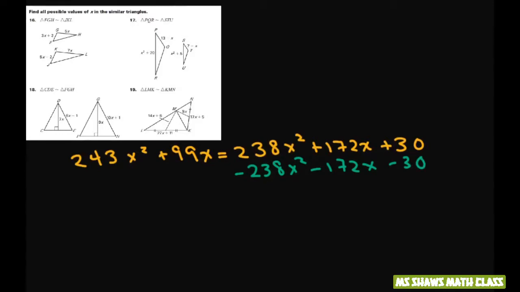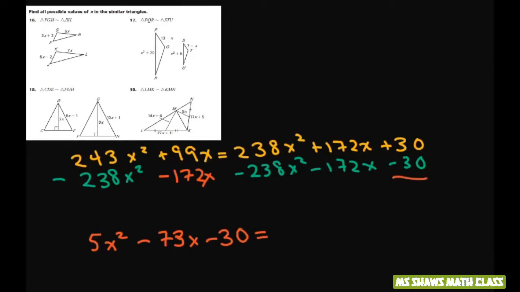And when you subtract, so subtract 238x squared, and that gives you 5x squared. And then subtract 172x here, and that's going to be 99 minus 172 gives us negative 73x. When you subtract that, that's going to be minus 30 equals 0.